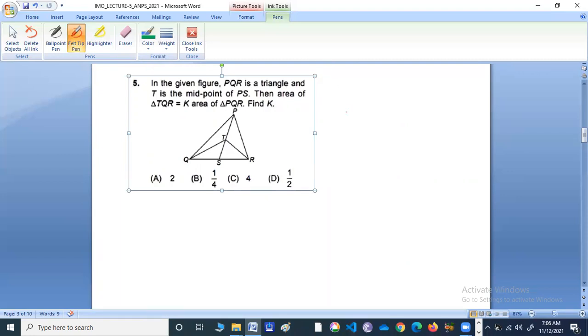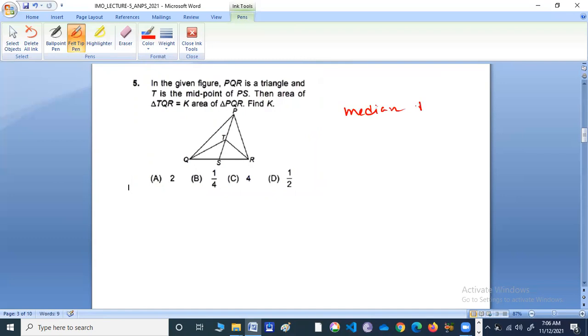We know a theorem. The theorem goes like this, that a median divides a triangle into two triangles of equal area.